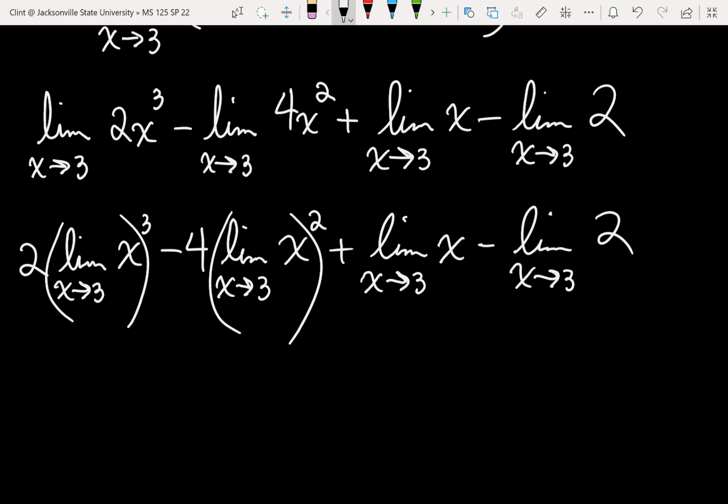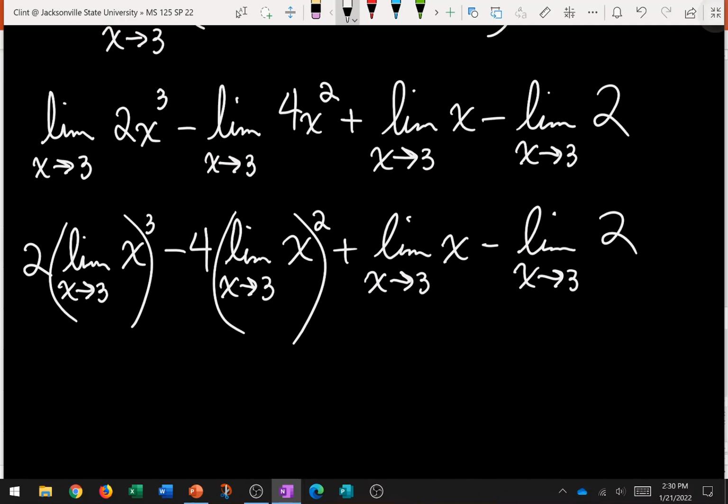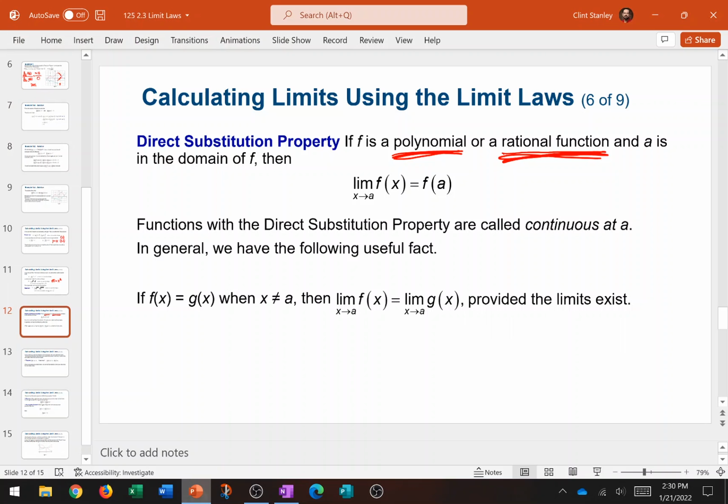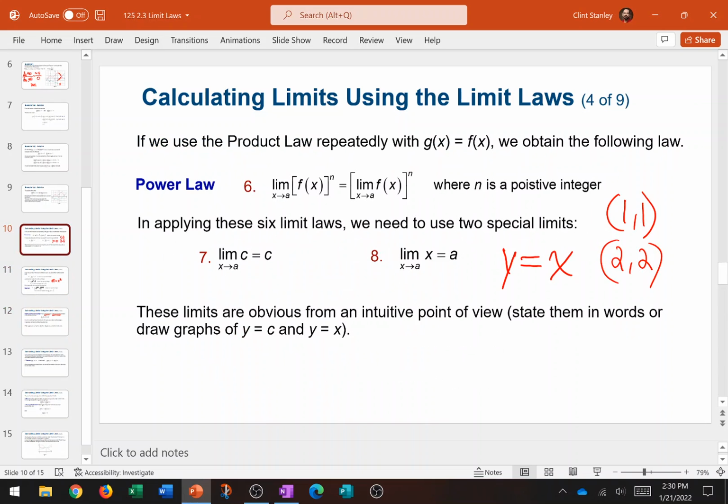So the limit of x as x approaches 3. What's that one have to be? The limit of x as x approaches some number is the number we're approaching. So the limit of x as x approaches 3 is 3.